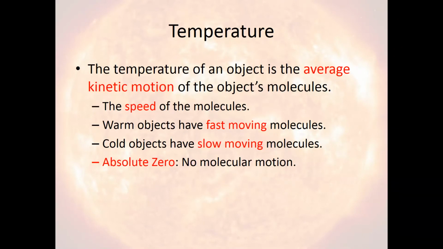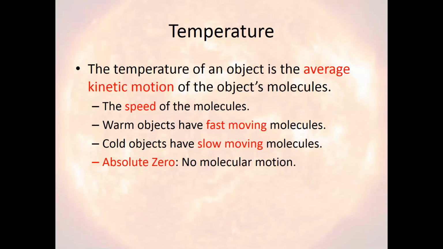Now, with this definition, there's another important definition I need to mention called absolute zero. Many of the temperature scales that we use in our everyday life don't actually have an absolute zero. There are negative temperatures. The Fahrenheit scale, the one we use here in America, has negative temperatures.